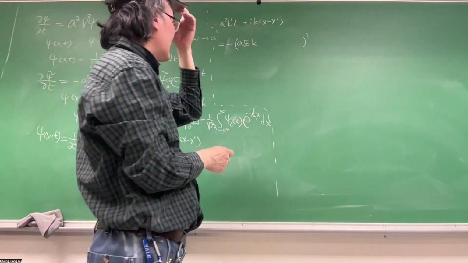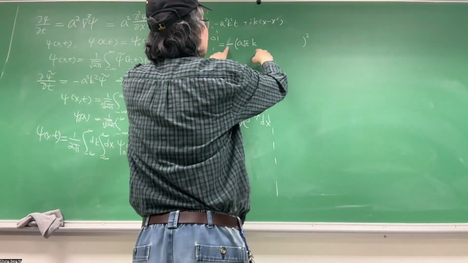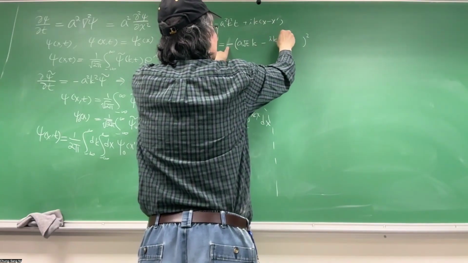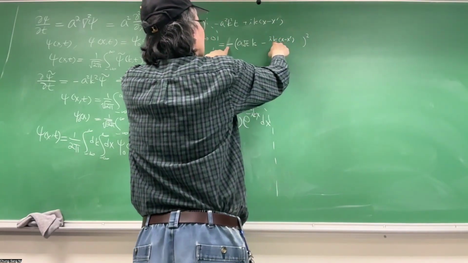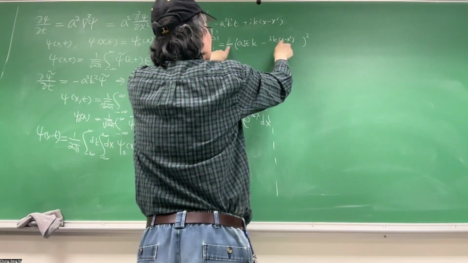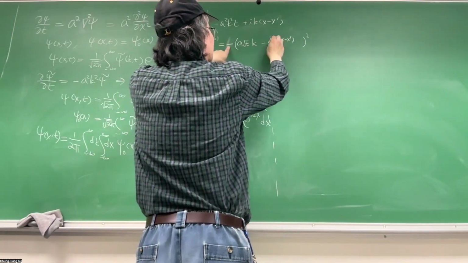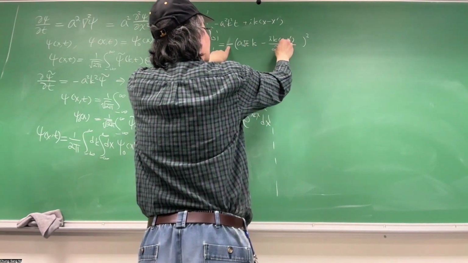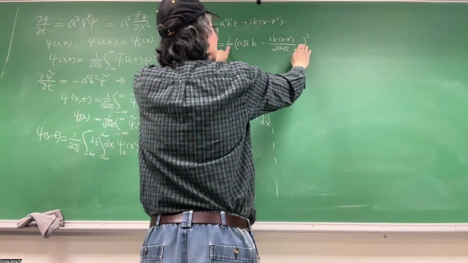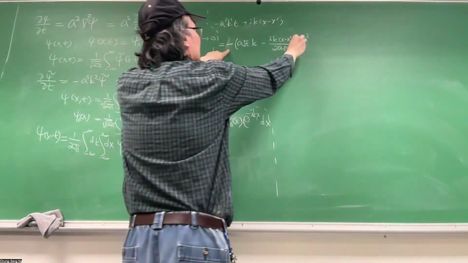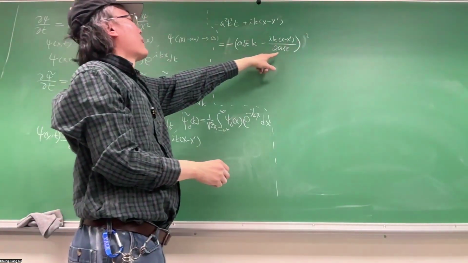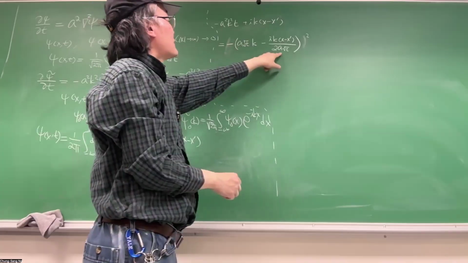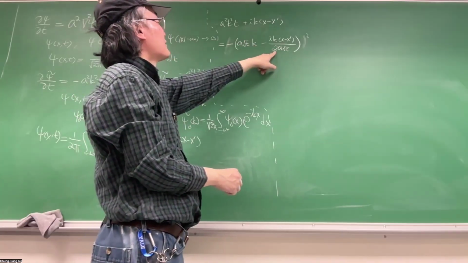So to do that, because you have minus ik(x minus x prime) in here, you need this times that to cancel this and that, and the factor of 2, so you have 2a squared t here, right?